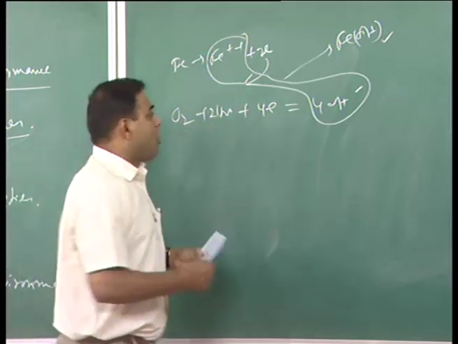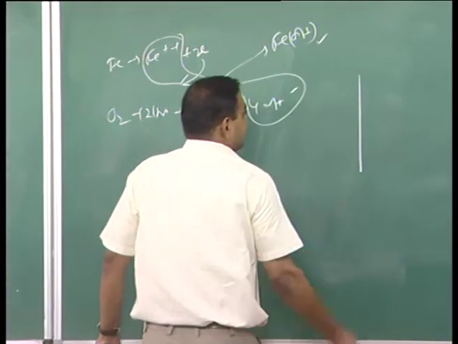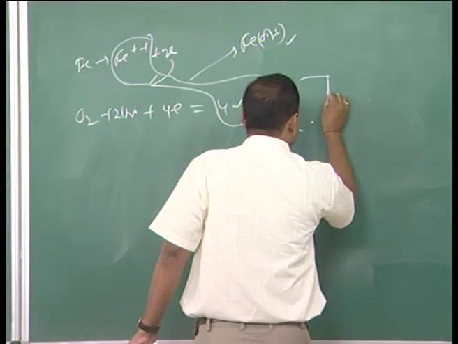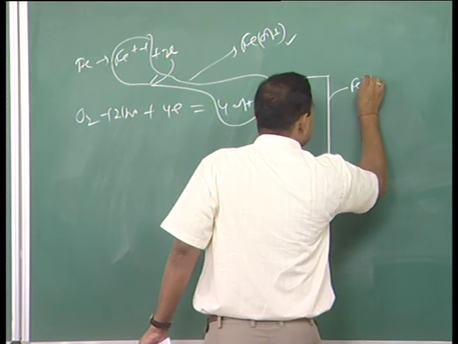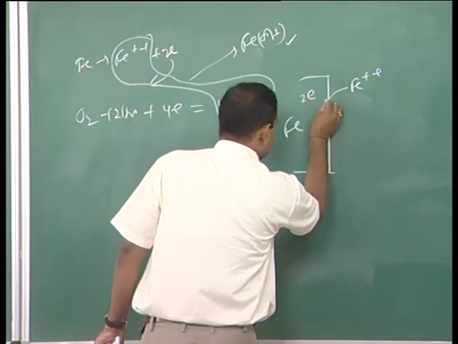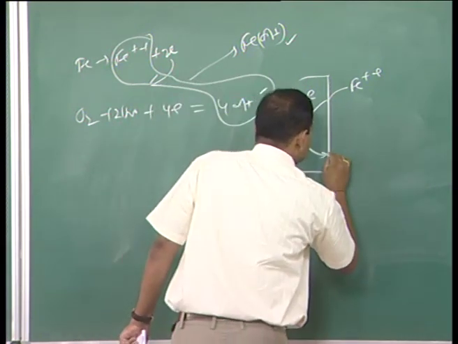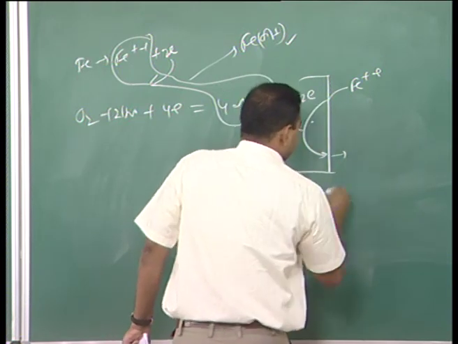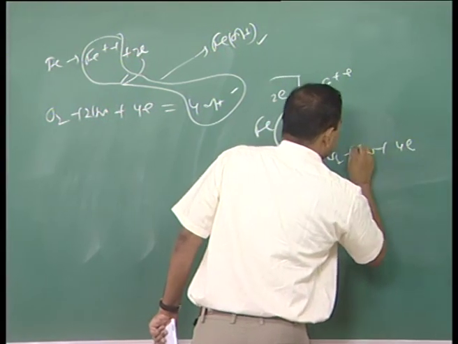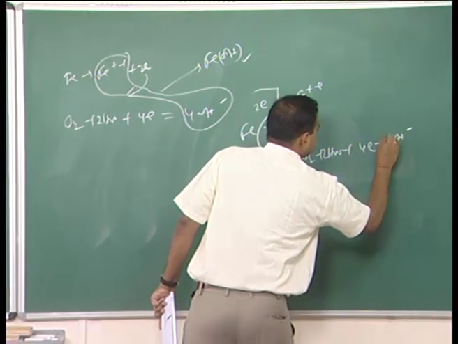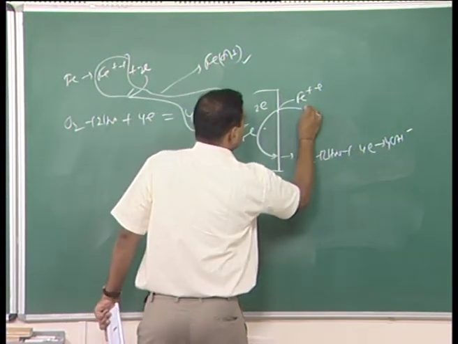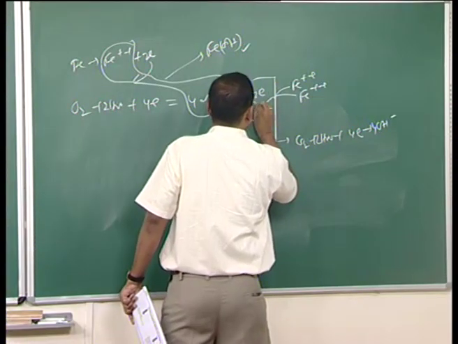This can happen on a material surface. Here it's happening on the iron surface. Iron is going as Fe++, so it's leaving 2 electrons. These 2 electrons are coming here and combining with oxygen, O2 plus 2H2O plus 4e going to 4OH-. So in order to get 4 electrons, you have to have 2 Fe++ formation, another 2e.